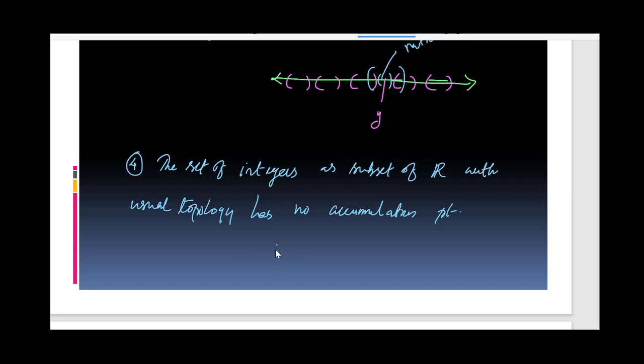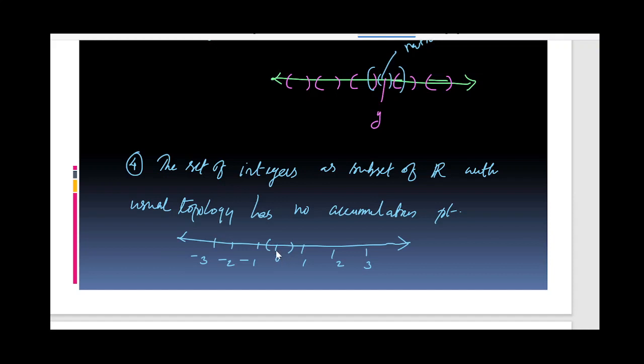You take integers 0, 1, 2, 3. So I'm putting the real line, -1, -2, -10. Now you take any integer and take a neighborhood, or an open set. An open set may come like this also, having radius 1 by 2, right?